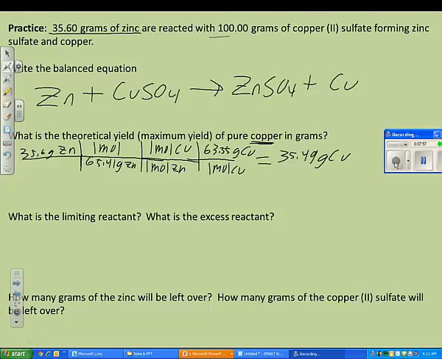We're not done yet. We got 2 givens, so we got to go with 100 grams of copper 2 sulfate and find grams of pure copper. So convert to moles using molar mass. Mole ratio is 1 for everything in this problem.